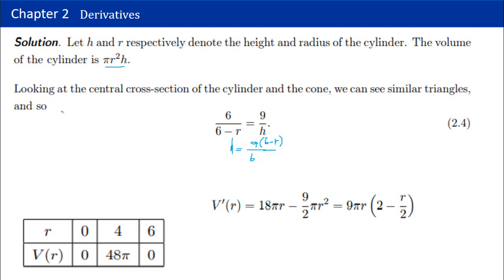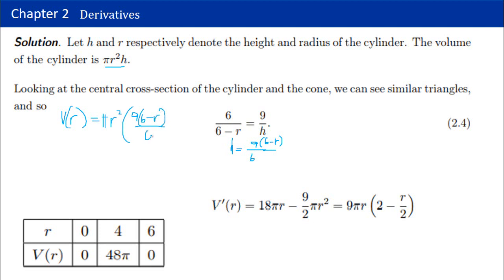So our volume V as a function of r, this is our model, is pi r squared h. We copy pi r squared, and replace h with 9 times 6 minus r over 6.